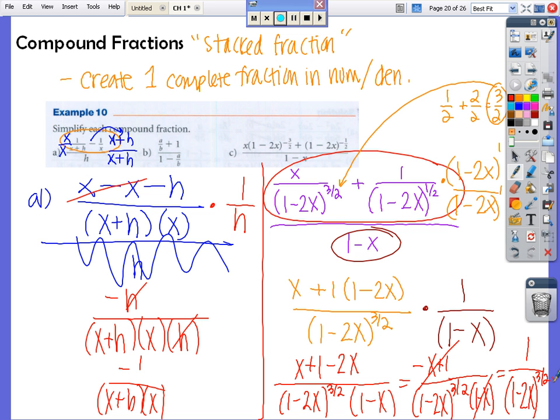There you go. So that would be how you want to simplify your compound fractions. I thought C, when you first look at it, was hard to figure out exactly what to do, but I would write it without the negative fractions, therefore being able to get the common denominator.